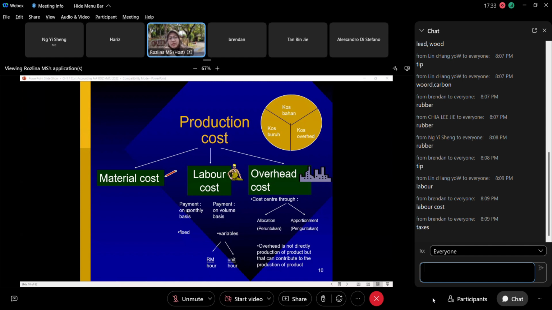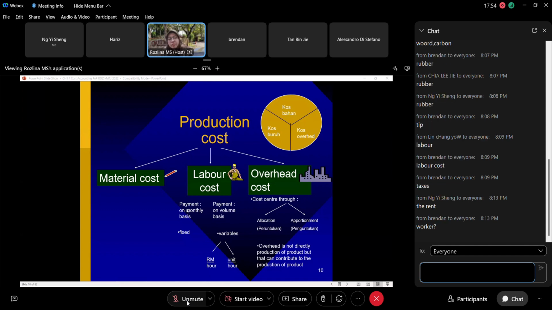Okay, who receives that type of payment? Whether you produce RM1,000 or RM10,000 or RM1,000,000, the payment remains RM5,000. The payment remains RM3,000.